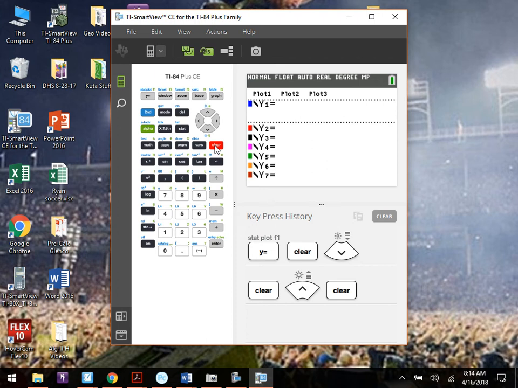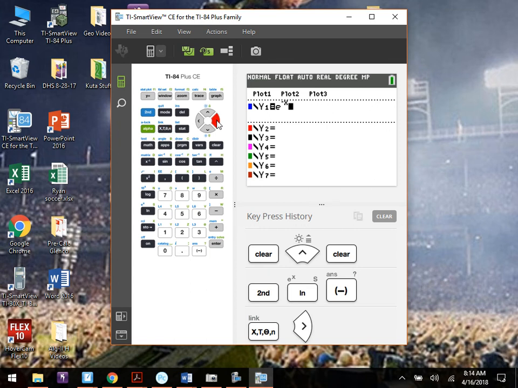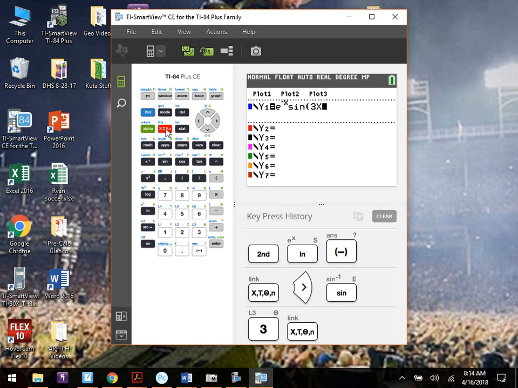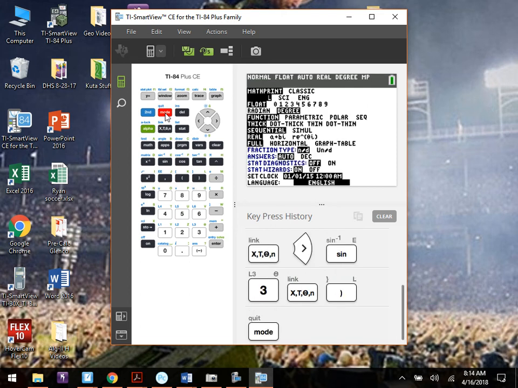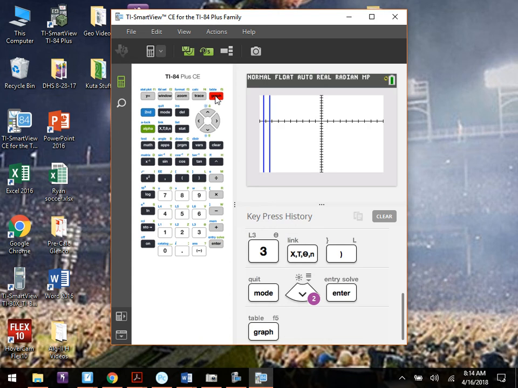So let's see here. The dampened sine graph. See if I can put this in for you. It's kind of cool. Where's the E button? Wow. So that's a dampened sine graph.